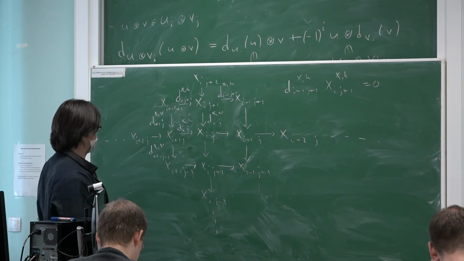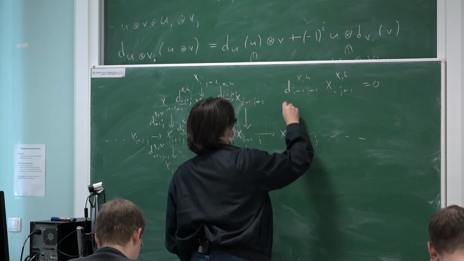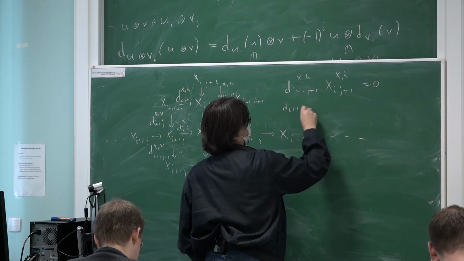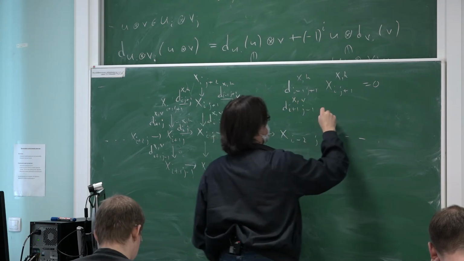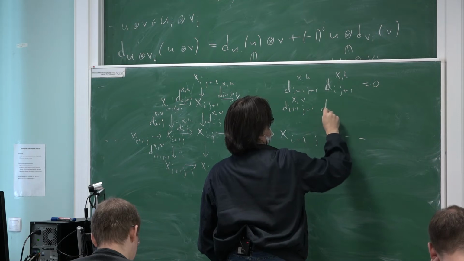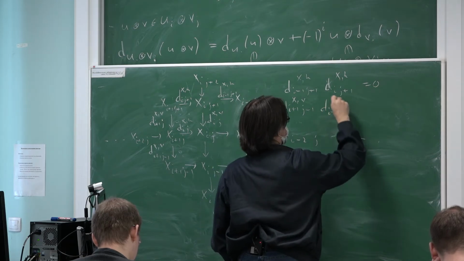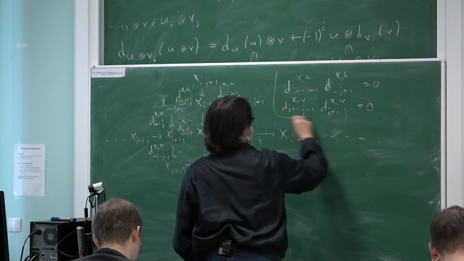Vertical compositions are 0. For example, this one, d^v_{i+1,j-1} d^v_{i+1,j} is 0.